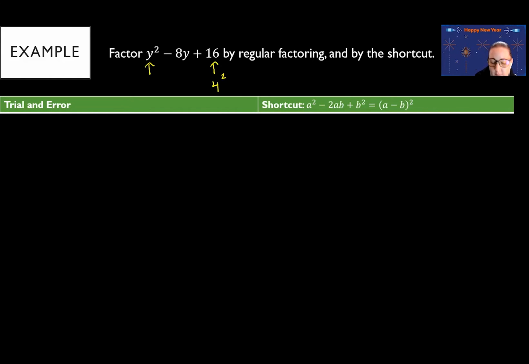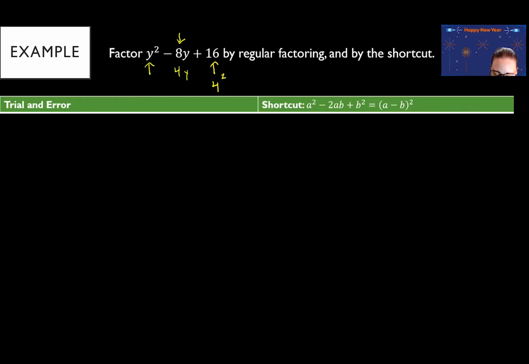Then you look at the middle. Can I divide that number by 2? So we've got 8. We can divide that by 2. So that is good. That's the second thing that we're looking at when we're trying to determine if this is a perfect square trinomial. And then the last thing is, after you divide that by 2, we get 4 here.